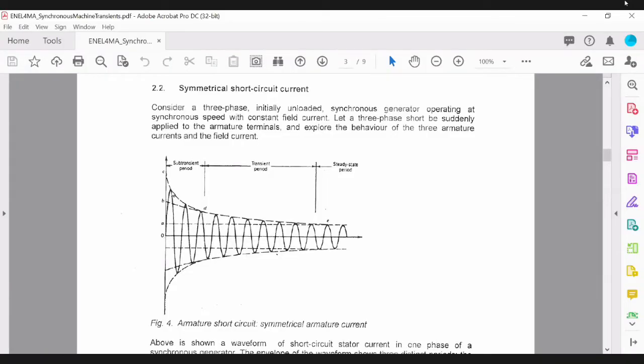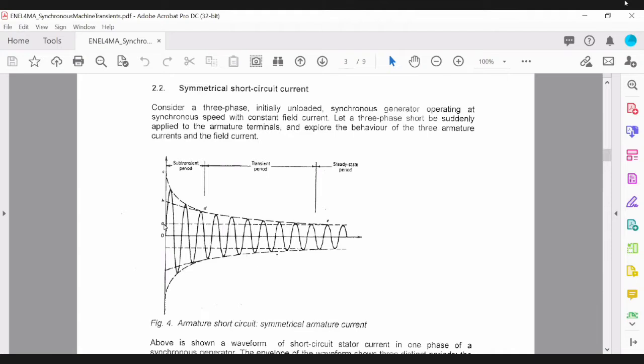Okay, so you'll find that your stator current, which is a sinusoidal current, will start at a very high amplitude, and as you operate a few cycles, you'll find that the amplitude of the sinusoidal current reaches a steady state value, which is A, right?